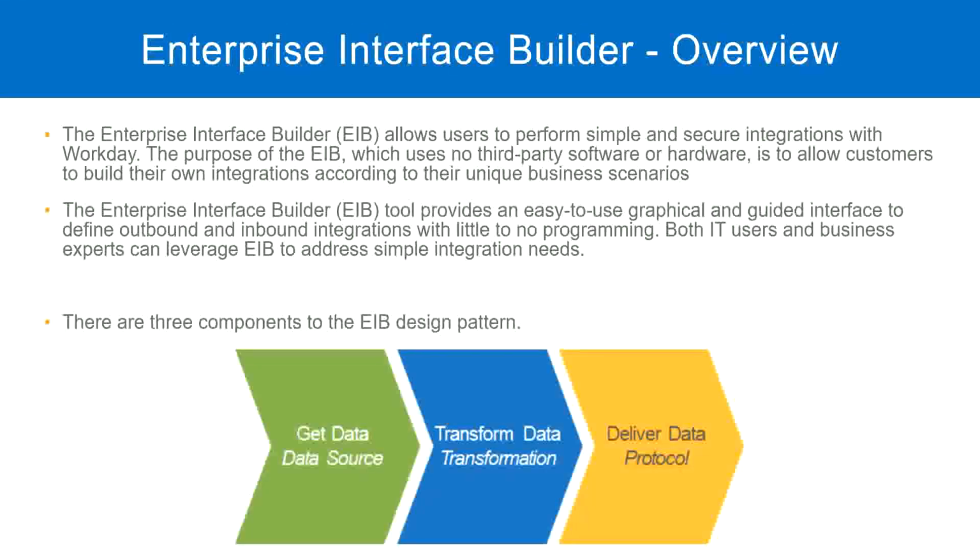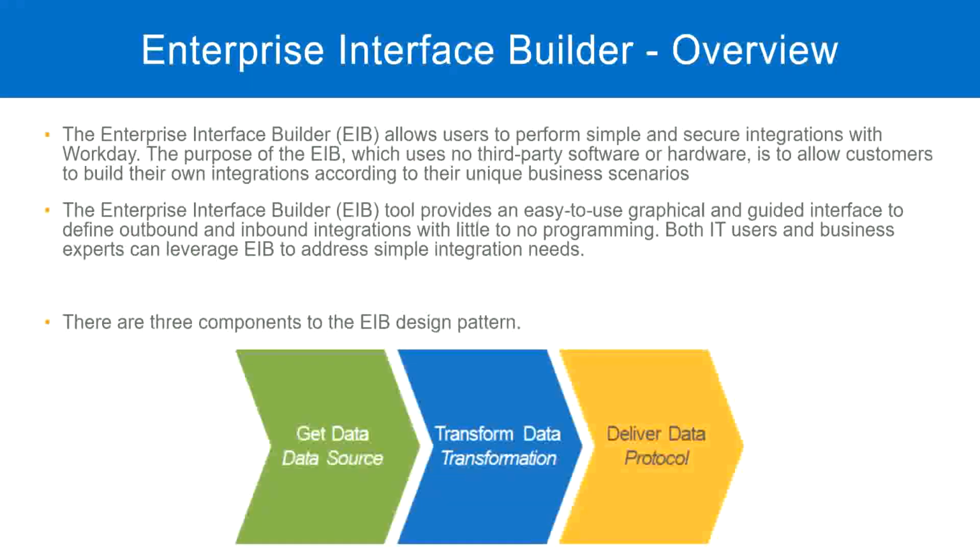When we create an integration using EIB, we will see these 3 steps there as well: get data, transform data, deliver data. These are the 3 components in an EIB design pattern. So what we are going to do is configure these 3 steps. Get data: where are we going to get the data from?